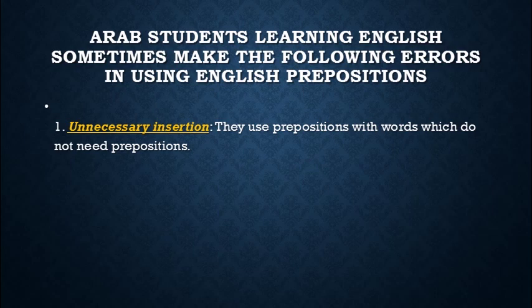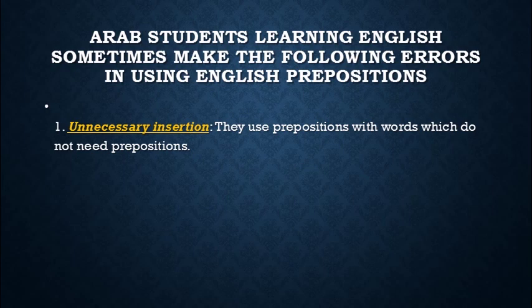So let's classify the kinds of errors. The first kind of error is unnecessary insertion. Unnecessary insertion means that we simply insert or use a preposition at a place where we're not supposed to use one at all.